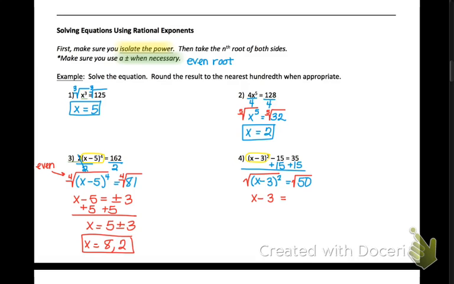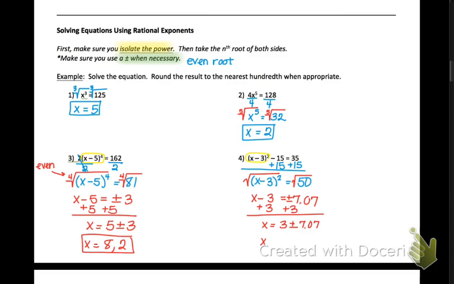Since it said to round to the nearest hundredth in the directions, we're going to go ahead and write this out as a decimal. Plus or minus 7.07. And then we would add 3 to both sides. So what we end up with is x is equal to 3 plus or minus 7.07.